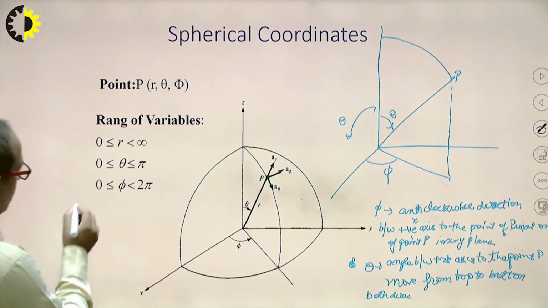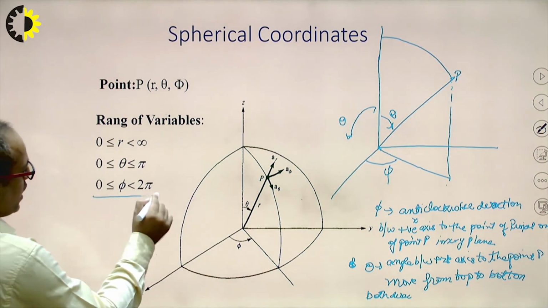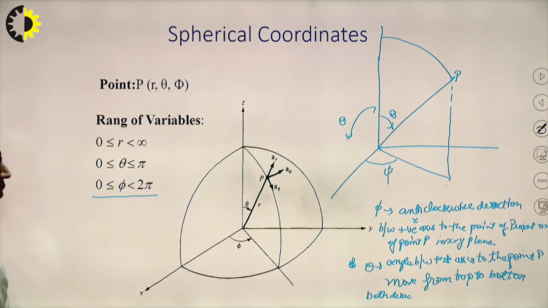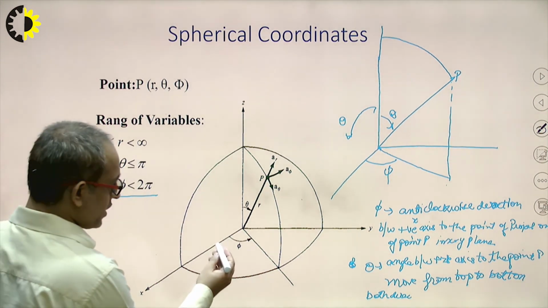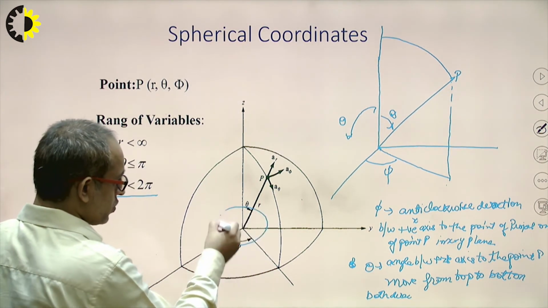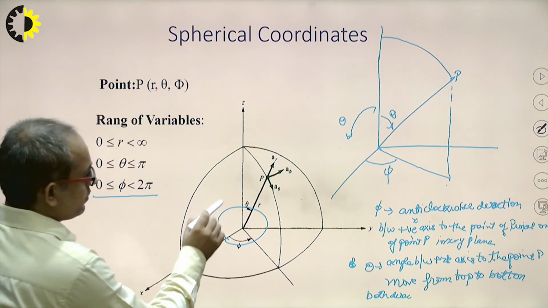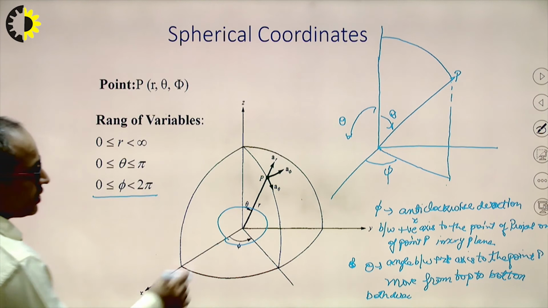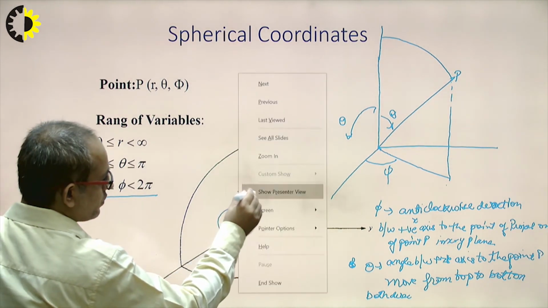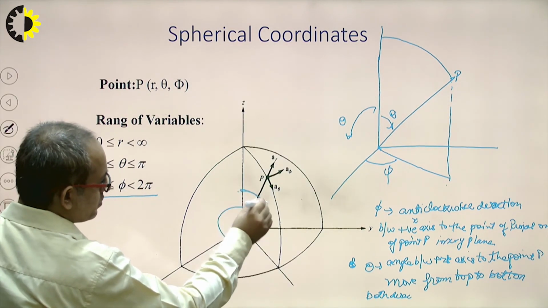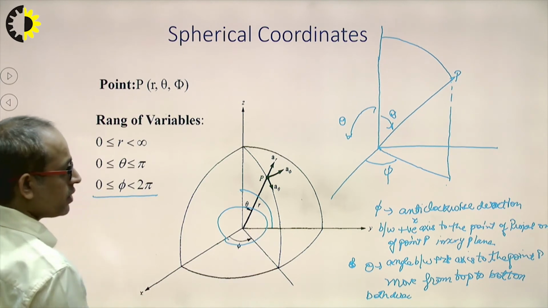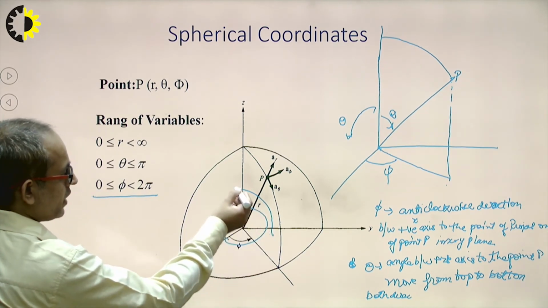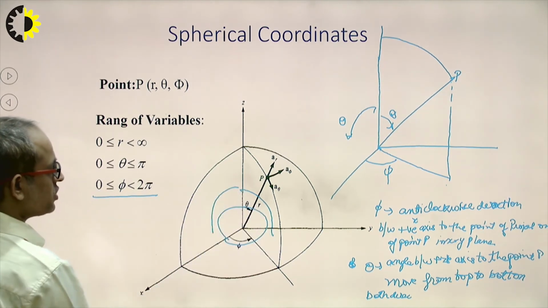you will see that phi will range from 0 to 2 pi. And theta, for a complete sphere, will move top to bottom, 0 to pi, in this direction 0 to pi.